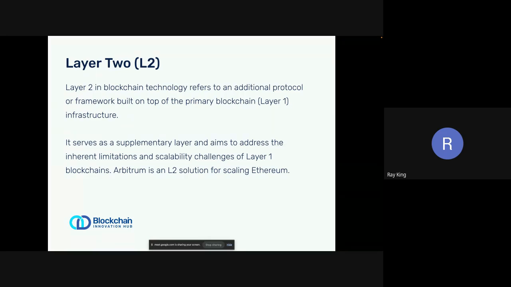Do we get that? So Arbitrum is an L2 solution for scaling Ethereum. When we're talking about scale, we're talking about increasing the throughput of transactions. What do I mean? If I say I want to scale something, it means I want to increase it, probably to a global level or to a certain level.